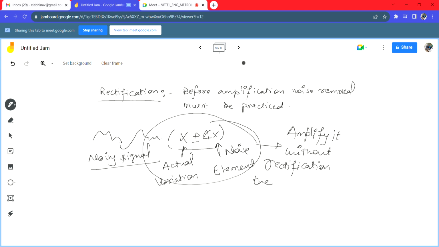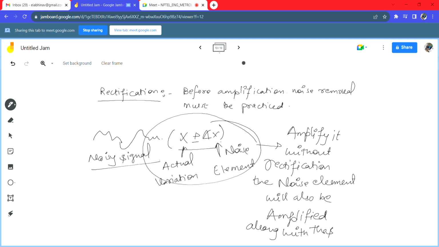the noise element will also be amplified along with the signal. So after amplification, let us say this x was to become x bar.